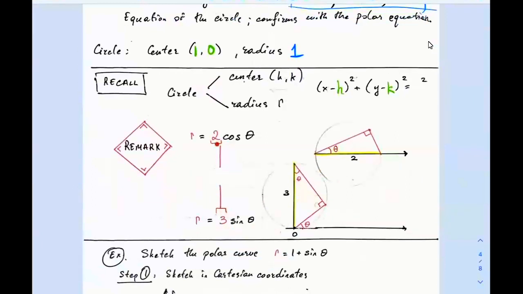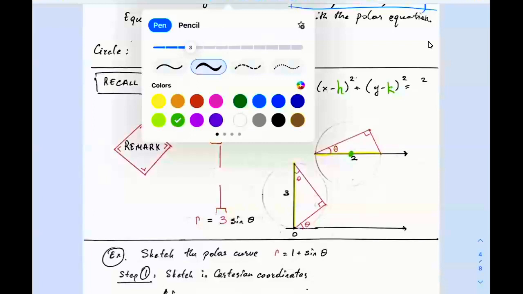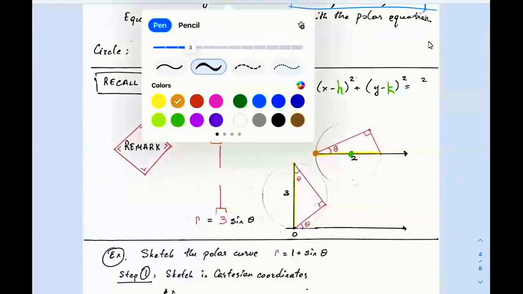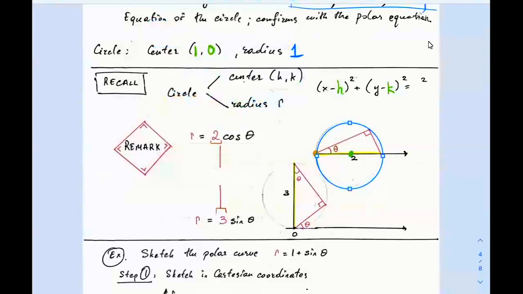If it's a number times cosine theta, then it will be a circle that passes through the pole here, and the circle will go this way.